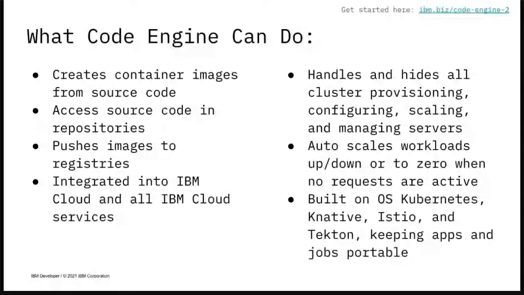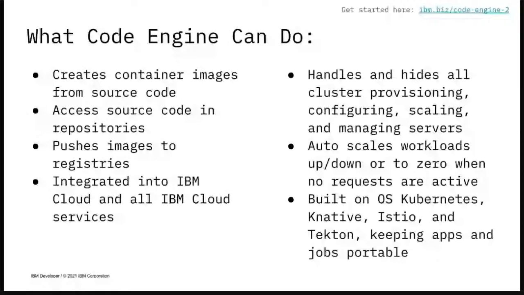It's integrated into IBM Cloud and all IBM Cloud services. So it makes integration easy, let's say you want to add machine learning, IBM Watson machine learning models, or Watson chatbot, or you want to add OAuth integration with our App ID service. All of our IBM Cloud products and services are easily integrated into your Code Engine applications.